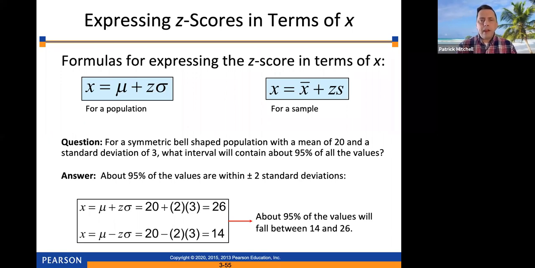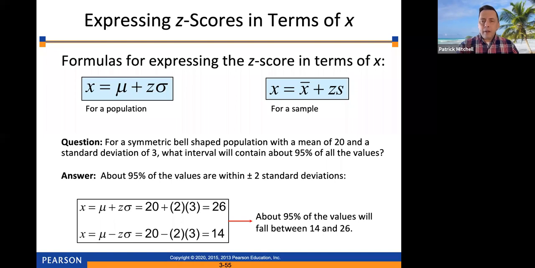So for example, if you have a symmetric bell-shaped population with a mean of 20 and a standard deviation of 3, what interval will contain about 95% of all values? The reason they're telling me it's symmetric and bell-shaped is that they want me to use the empirical rule. The empirical rule says that about 95% of values are within 2 standard deviations of the mean.